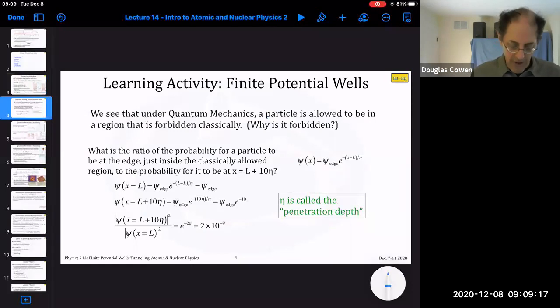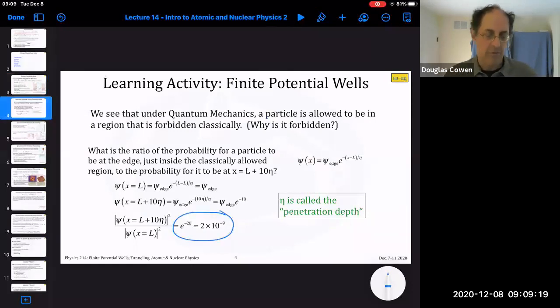And we found that this was very, very small, 2 times 10 to the minus 9, so 2 parts in a billion, is the relative probability that you would find a particle even just 10 penetration depths away from the edge. And each of these penetration depths is usually of the order of nanometers or less in size. So the particle really can't go very far into this classically forbidden region.